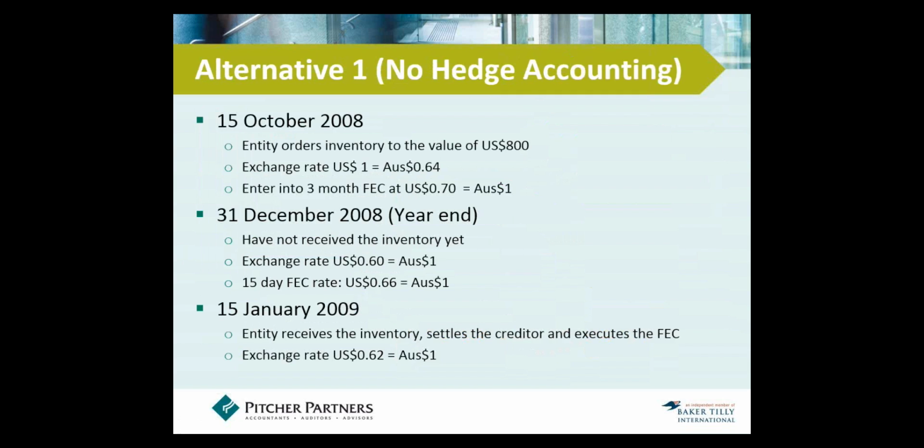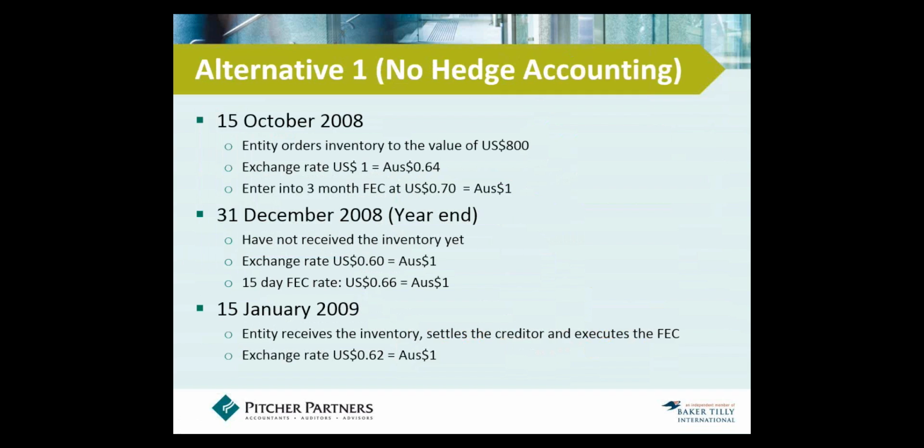So when we get to 31 December 2008, and we want to determine what is the fair value of that foreign exchange contract, you do not compare the foreign exchange contract rate at 31 December with another foreign exchange contract of another 3 months. You compare it to a foreign exchange contract that would settle at the same date, and that is 15th of January, and therefore it's the 15-day foreign exchange rate.